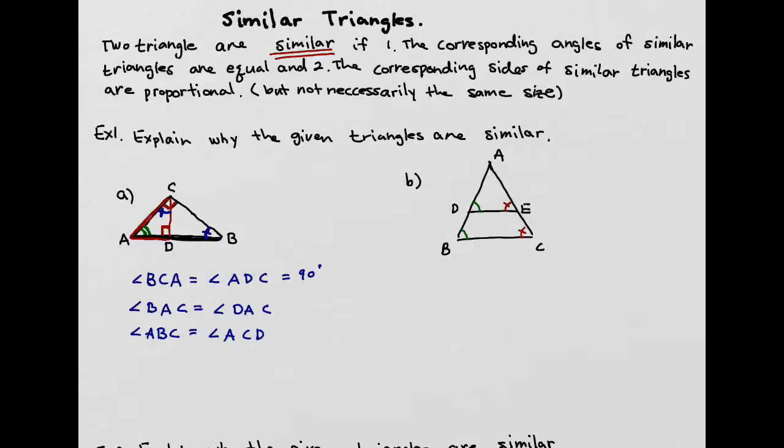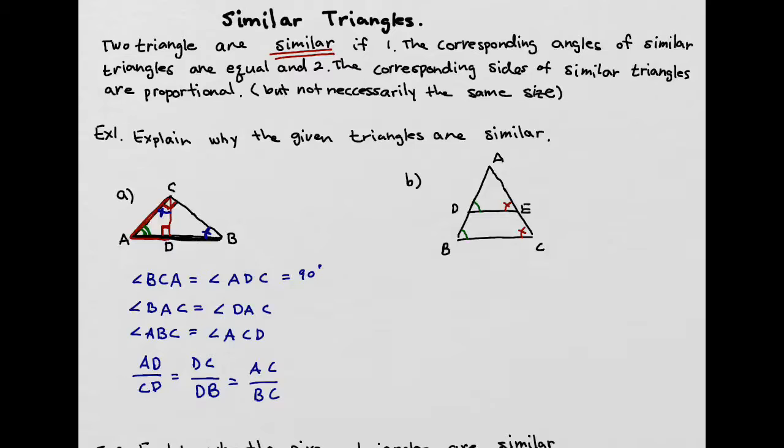So if three angles are the same, your lengths should be proportional. Your sides AD over CD should be proportional to DC over DB and AC over BC.